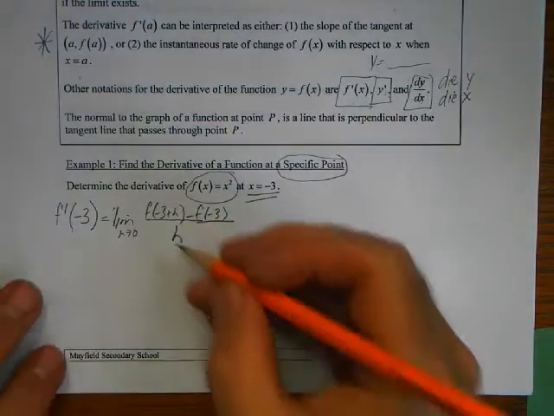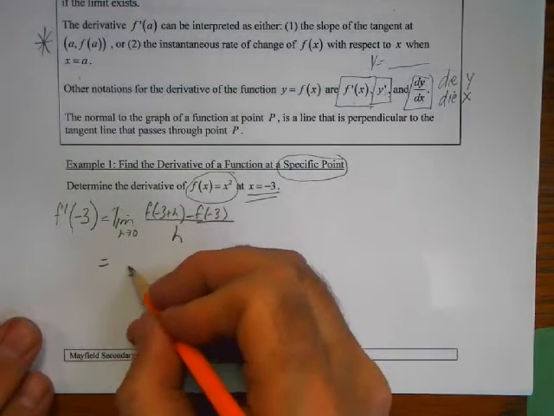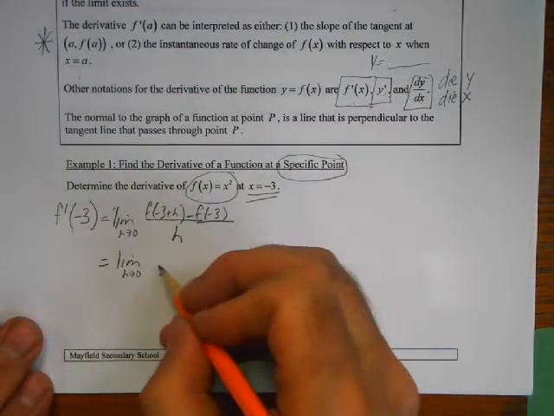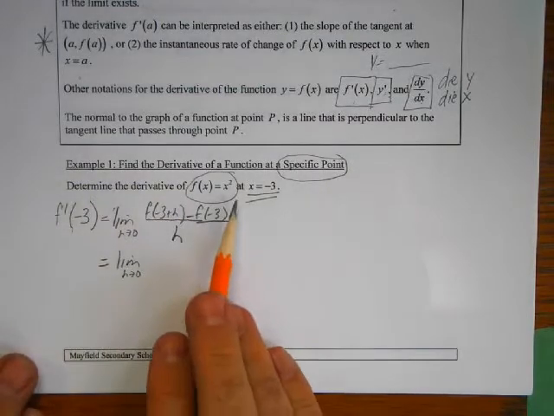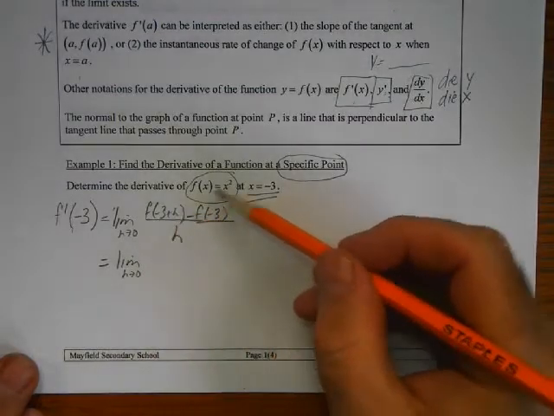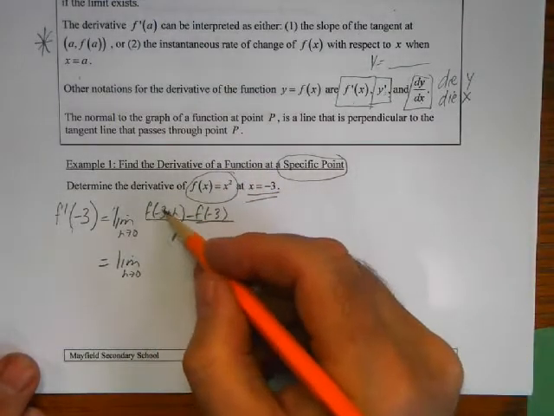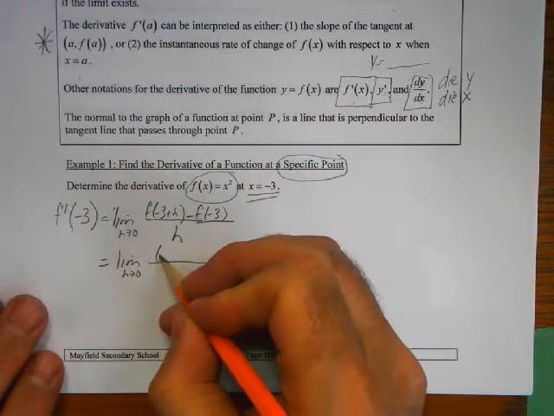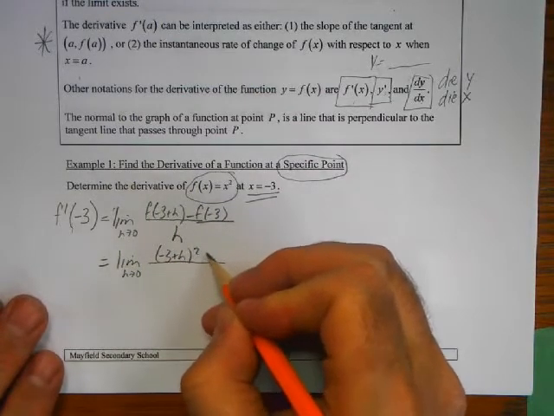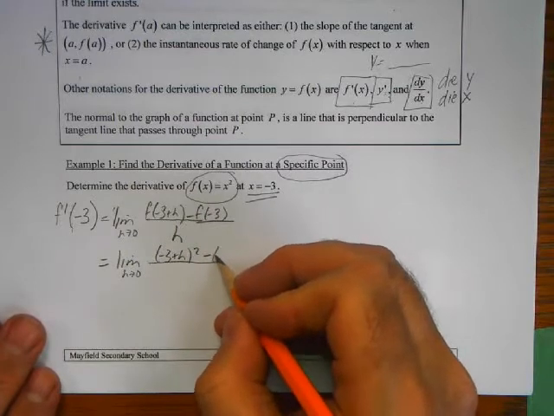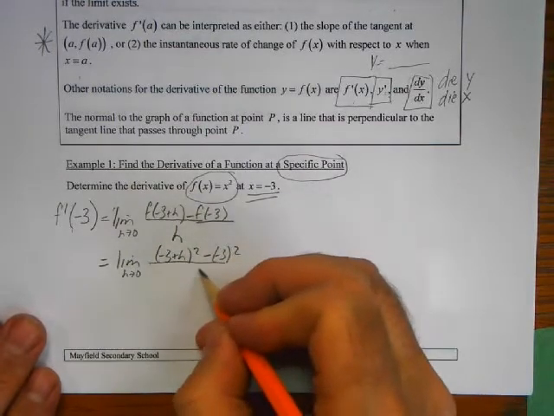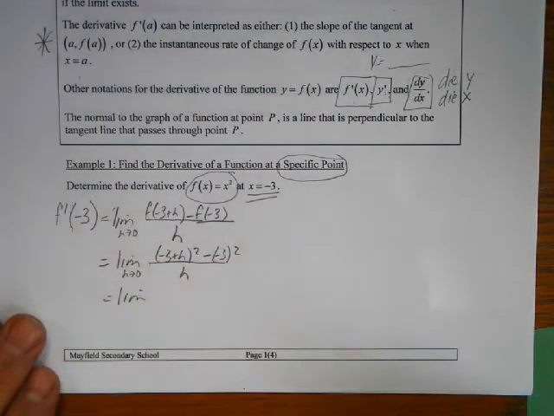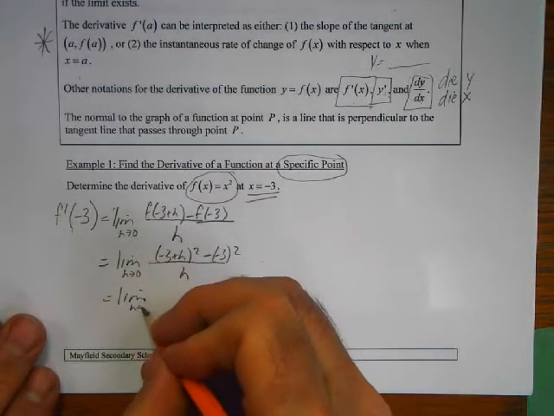Okay, now here's where we keep that limit going on the left side there. Here's where we actually use the x squared part. So each of these goes into, gets squared. So on the top it's (-3 plus h) squared minus (-3) squared, over h, limit as h approaches 0.